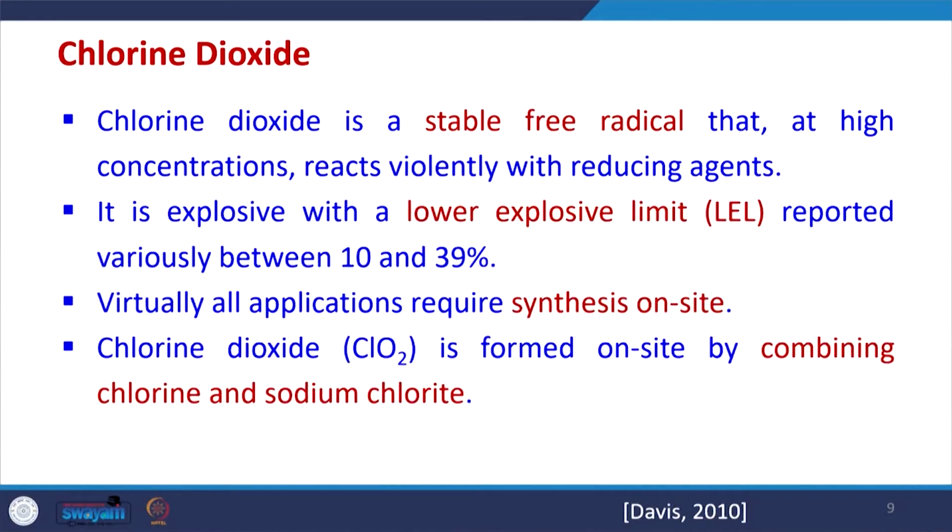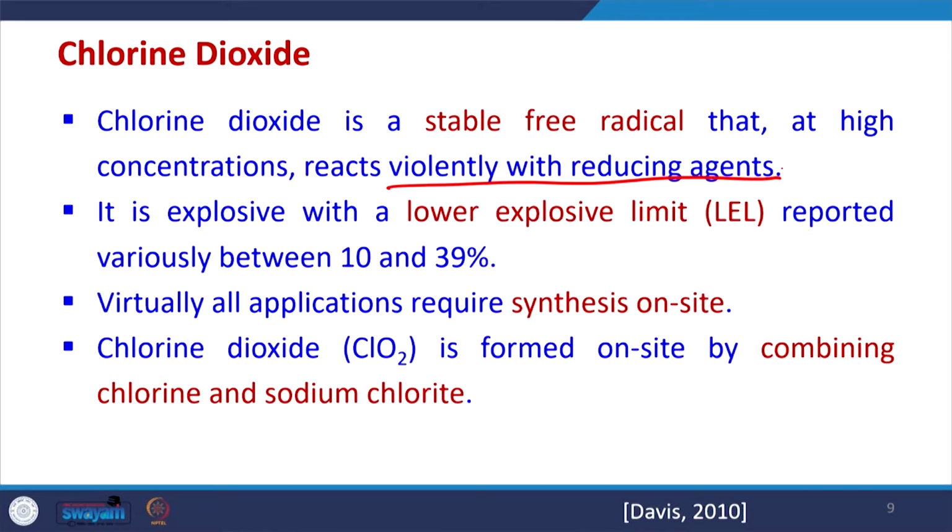Now, suppose we use chlorine dioxide. Till now we have studied chlorine, or hypochlorite. Now suppose we add chlorine dioxide. What is the essential chemistry of that that we are going to learn? Chlorine dioxide is a stable free radical and at higher concentration reacts violently with reducing agents.